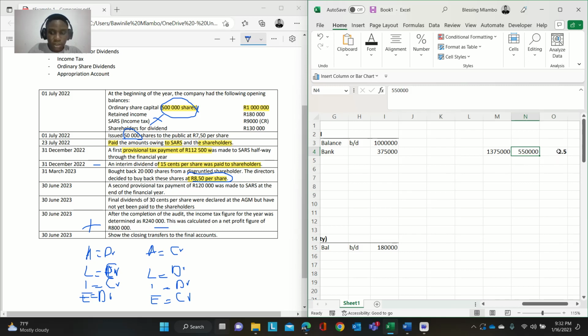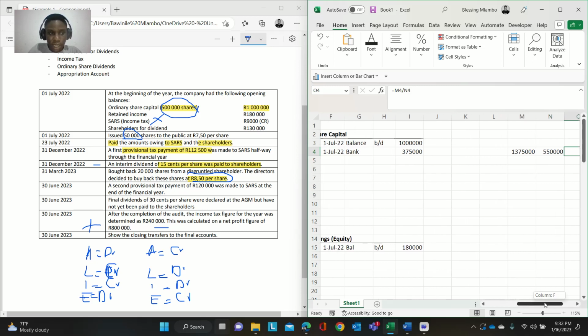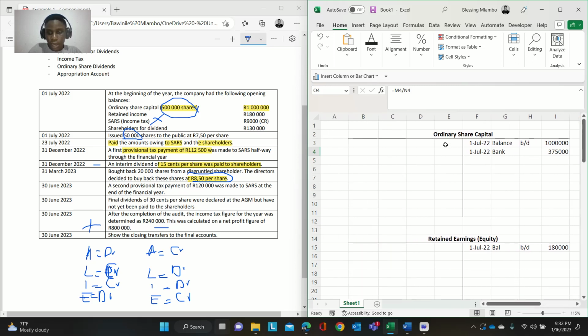When you do that, you get the 250, which is your average share price per share, right? And that means you're going to decrease this account by 250 times the number of shares the company bought back, which is 2123, right? The account affected is bank, because we're paying out money. This is on the 31st of March 2023.